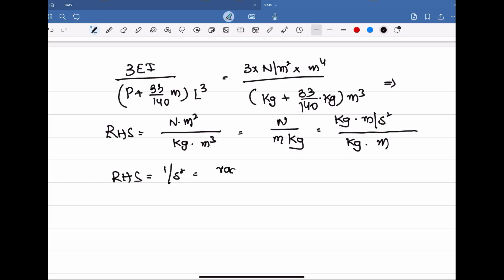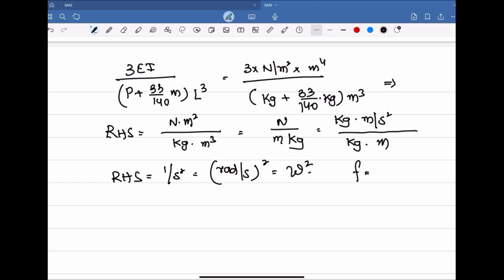That is equal to radians by second whole square, that is equal to omega square. That means if P and M are in kg, the frequency will be omega square is given by 3EI by P plus 33 by 140 m L cube. This omega can be converted to frequency.